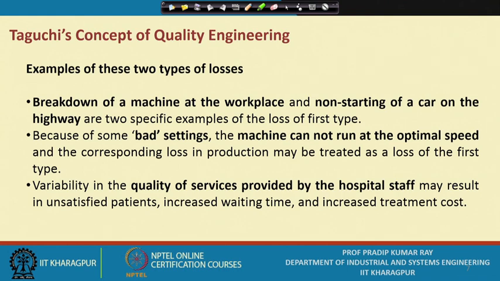So that's why there will always be the loss. Okay. So variability in the quality of services provided by the hospital staff may result in unsatisfied patients, increased waiting time, and increased treatment costs. So this is another example of the societal loss or loss in general in respect of a service function or service activity.